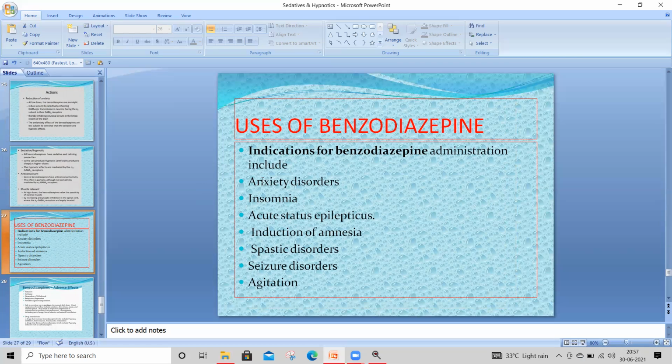Benzodiazepines are used for anxiety disorder, insomnia, acute status epilepticus, induction of amnesia, spastic disorder, seizure disorder, and agitation. For this, benzodiazepine is used.